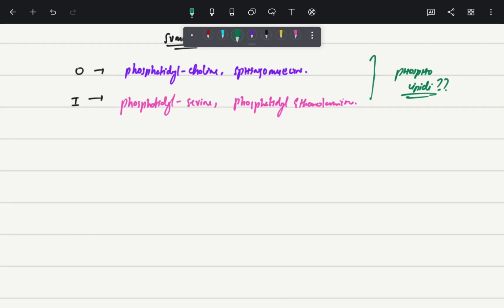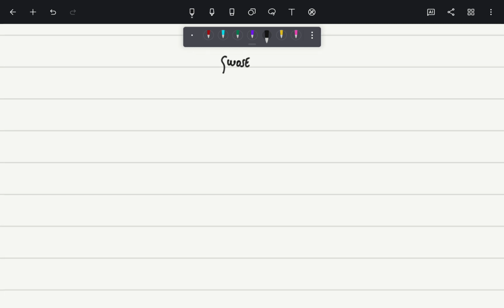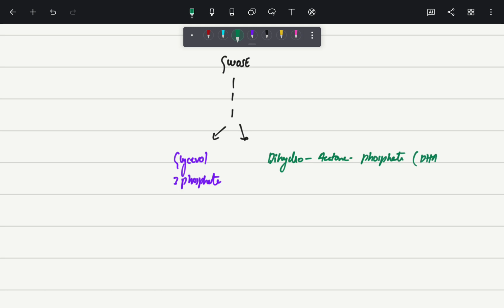We have to understand the synthesis of these phosphoglycerols or phospholipids. In order to understand this, we have to go a little bit deeper, because this is a very tough topic to understand. So we will start from glycolysis. As you know, from glycolysis we learned that from a single glucose molecule we synthesize glycerol 3-phosphate and dihydroxyacetone phosphate, or simply DHAP.